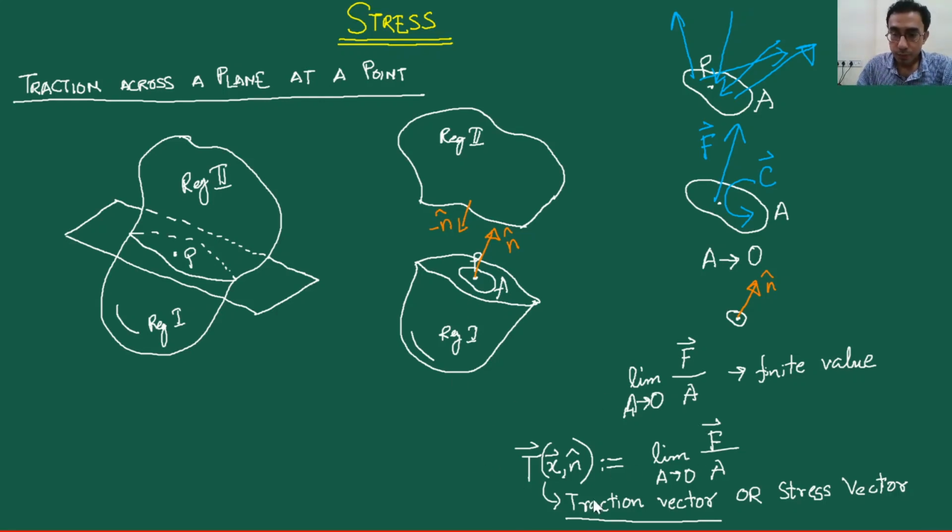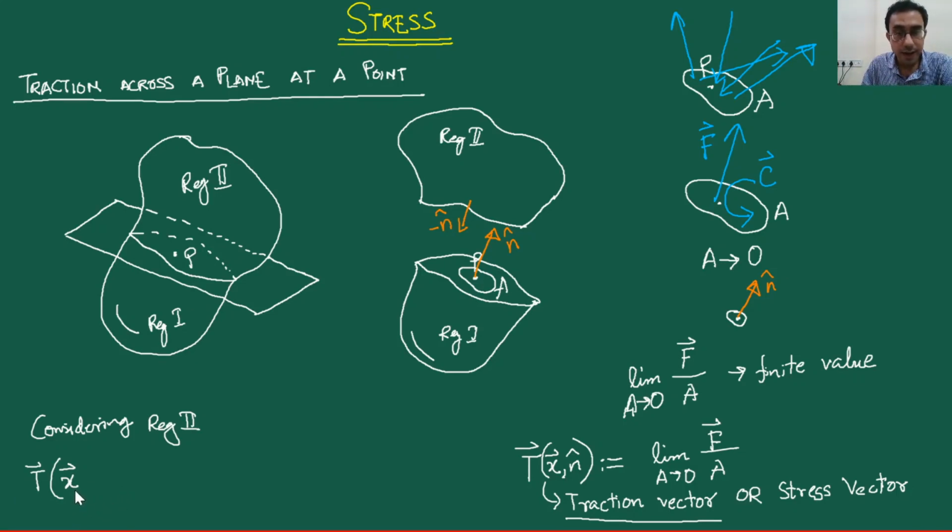Anyway, because we have this kind of a thing, considering the region 2, and I'm not going to the next page because all the diagrams are here, what we have for the traction vector is, first of all, we are considering the same point P. This is very important.